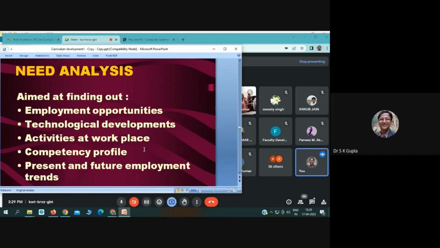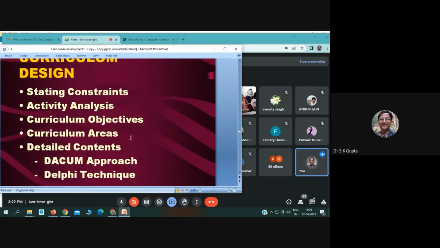If a student of computer engineering, what will he be doing in the field, in the industry, or a student of mechanical engineering, what activities will he be doing in the industry. From that, we do the activity analysis in terms of knowledge and skill. This will be the knowledge, this will be the skill for doing these activities in their selected program.